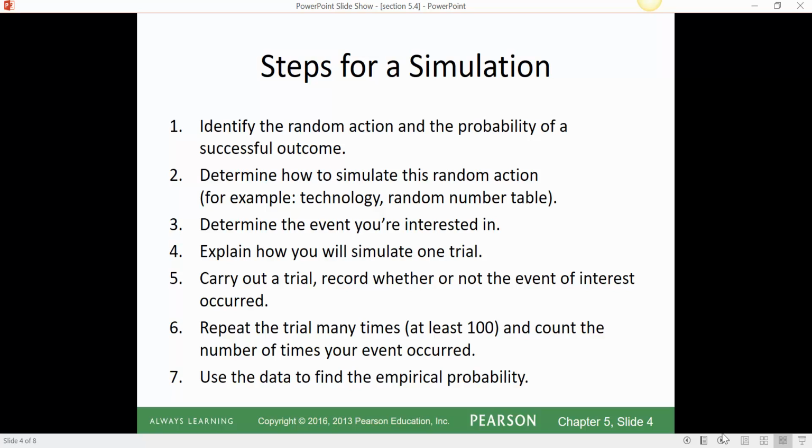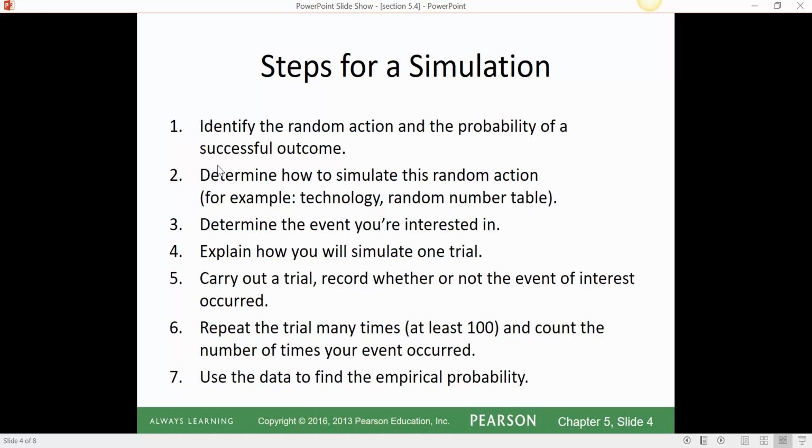So steps for a simulation. Step one, you need to identify the random action and the probability of a successful outcome, right? In step two, you need to determine how you're going to simulate this random action. So for example, maybe you want to use technology. For example, we looked at a coin toss simulator I gave you a website for earlier on, and we're going to look at that again today actually.